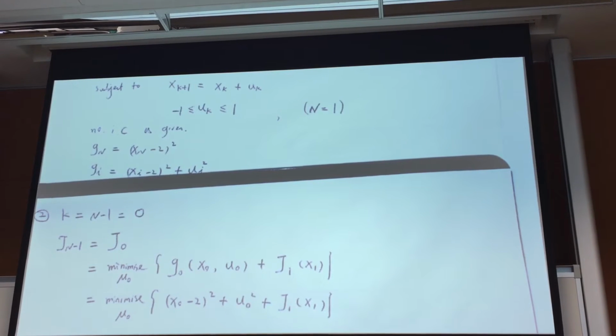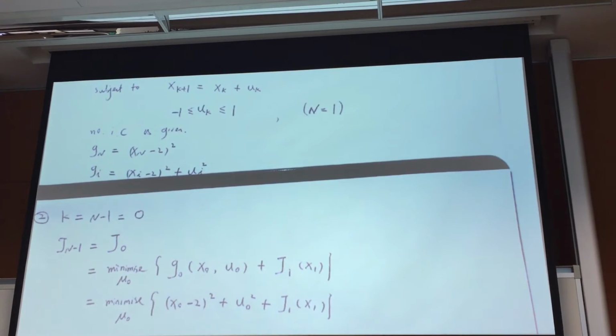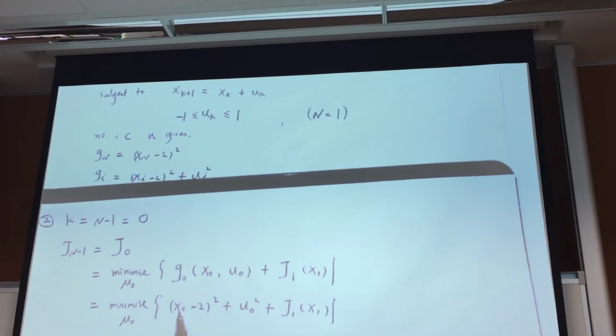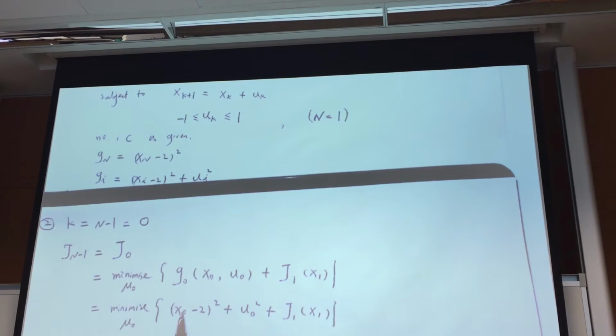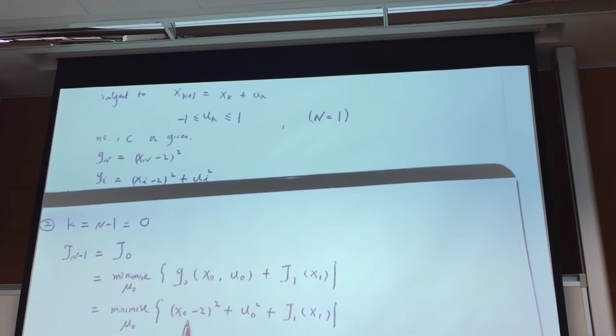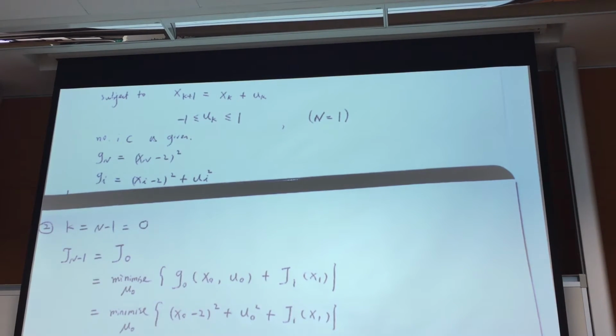In this function, we know x0 is the initial state. The initial state does not depend on your input. The input will only determine your next state. You know, x0 is like the initial position in the pendulum example.